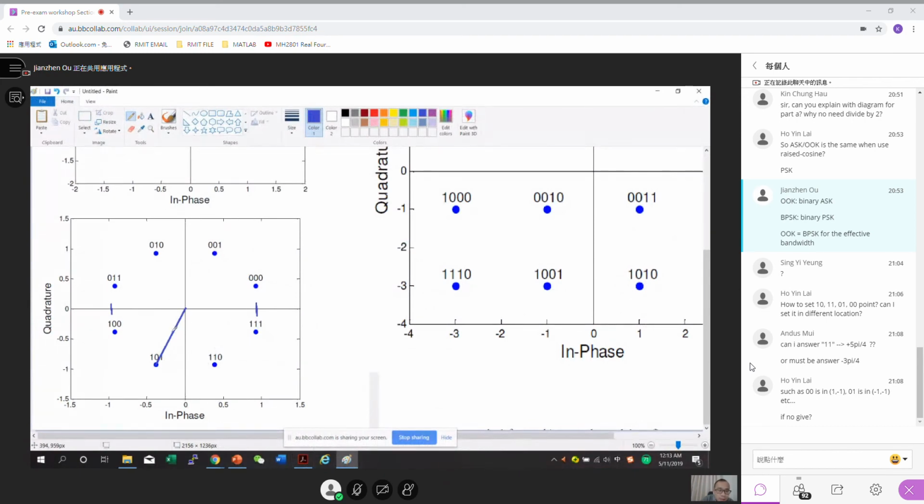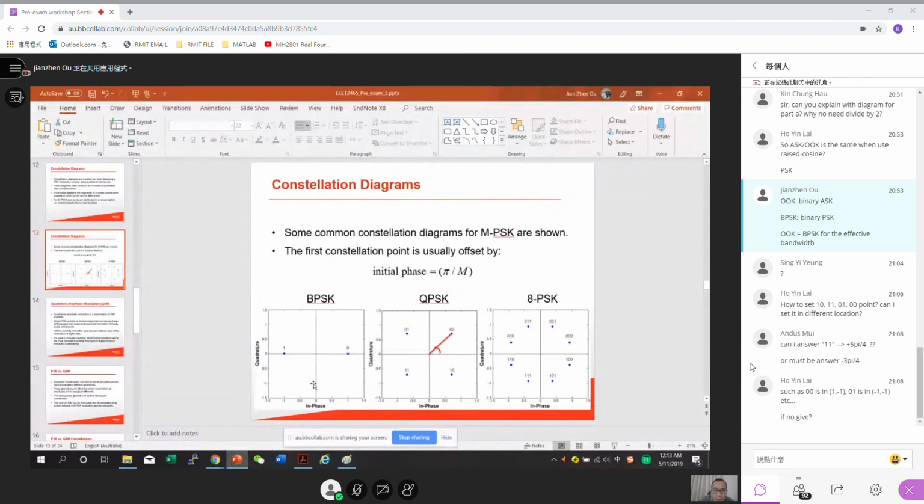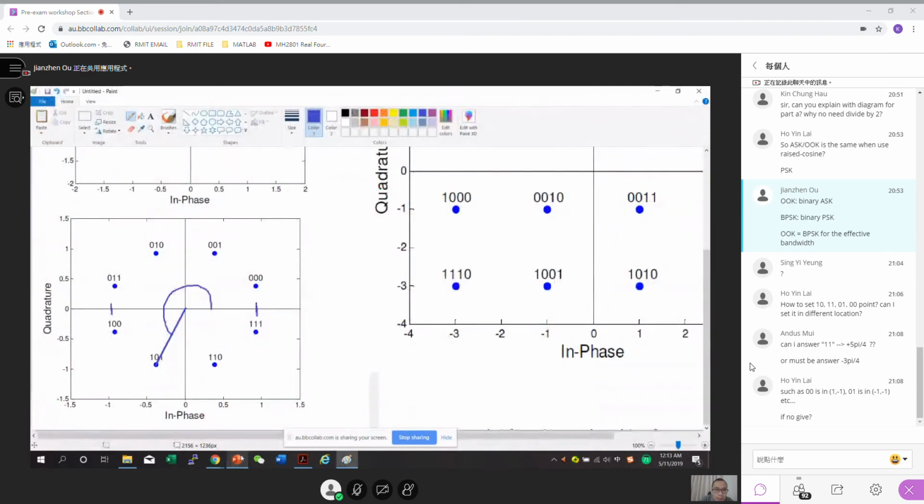Okay, so for 101, we have to calculate the angle here. So remember, the initial phase is equal to pi over M. Now we have an APSK with M equal to 8, so that means the initial phase is pi over 8.